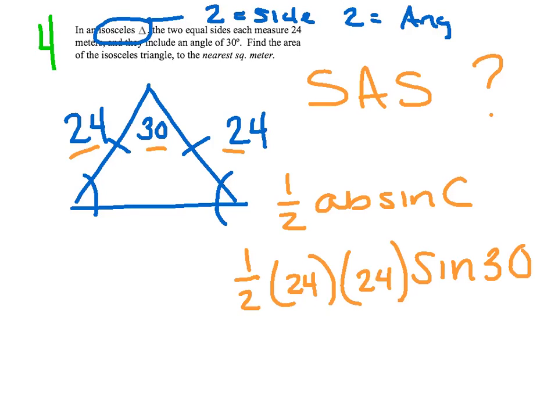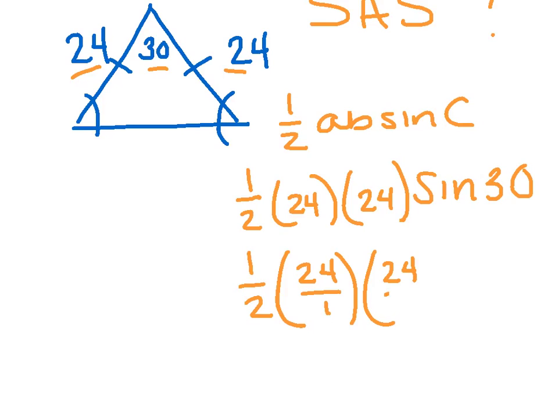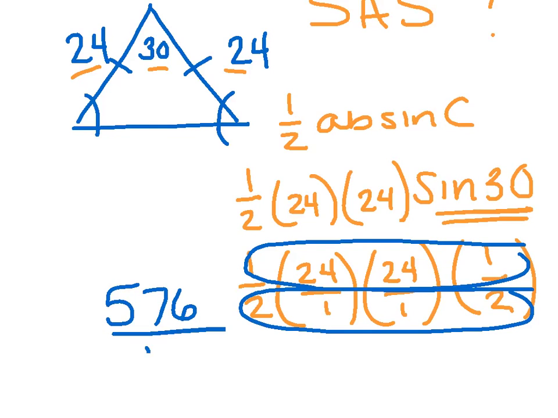Now, you could actually do this one without a calculator, and I'm going to take the time to do that. If it wanted the exact value, this would be a great example. I would have 1/2 times 24 over 1 times 24 over 1. And the sine of 30 we should know is 1/2. And again, when you have fractions, just multiply the top. So that gets me 576. All over, multiply the bottom, 4.